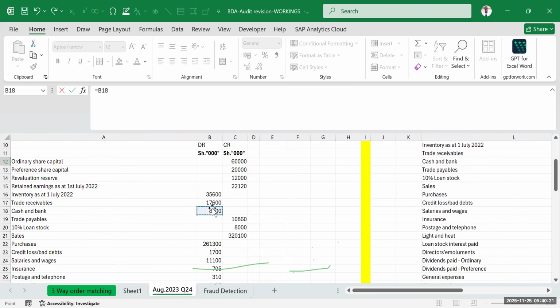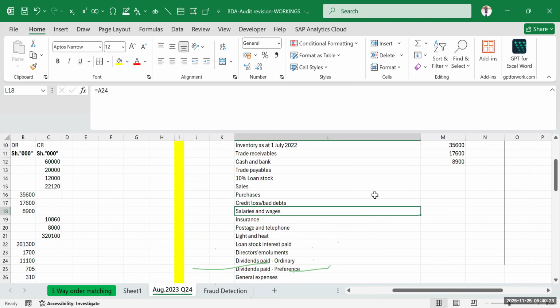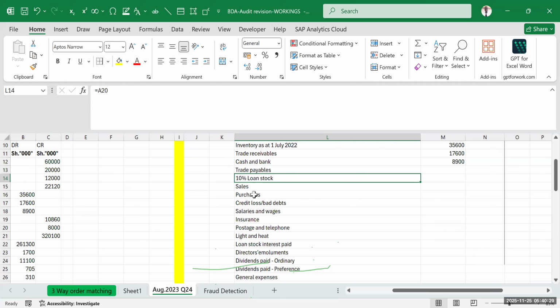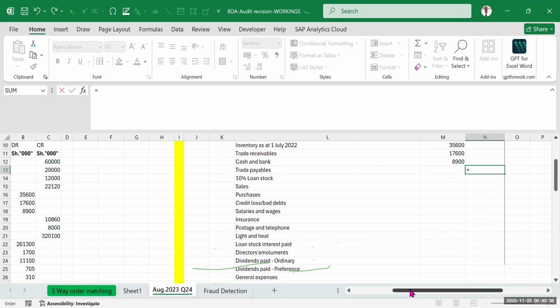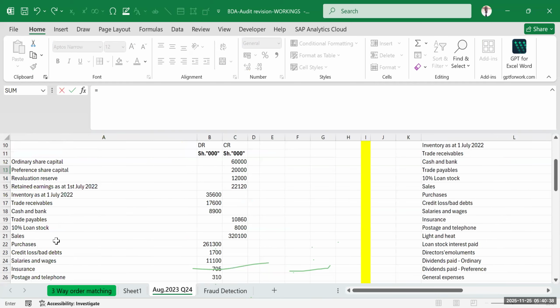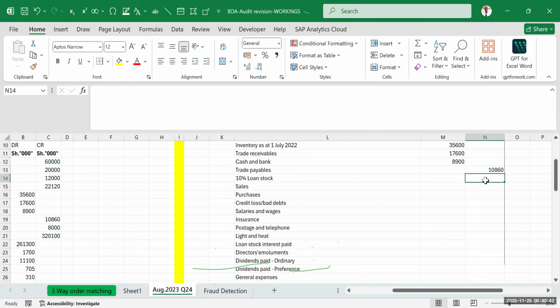Cash and bank, we know that is a current asset, normally on the debit side. Then trade payables, these are liabilities now. Trade payables, 10% loan stock, these are liabilities, and we know they appear in our balance sheet, but on the credit side. So where is trade payables? Already I see it was credited here.